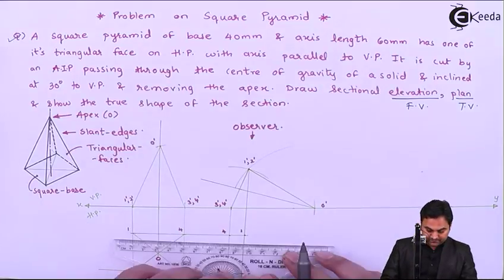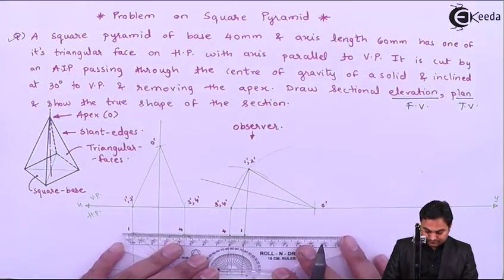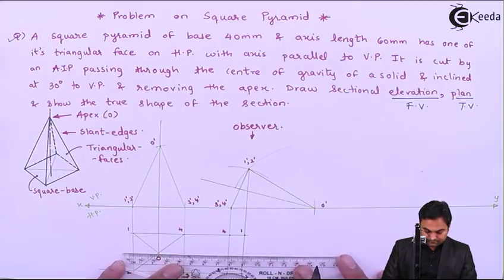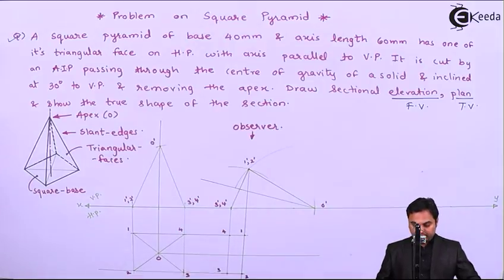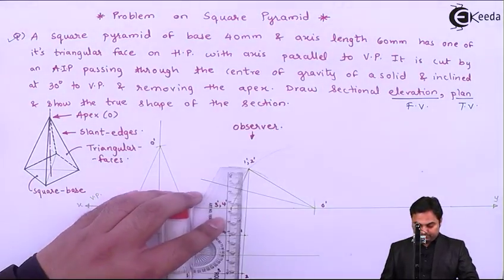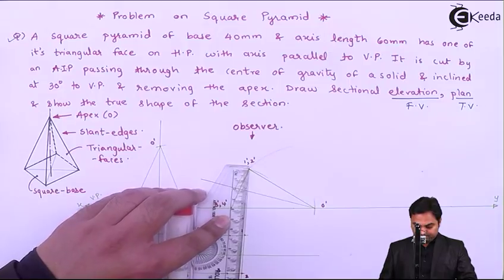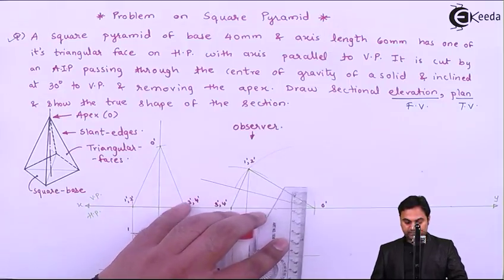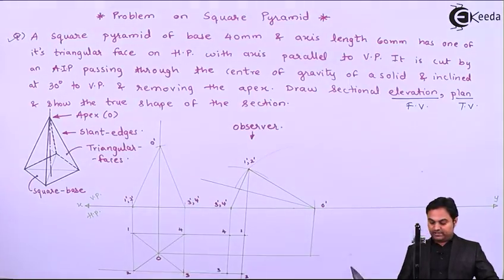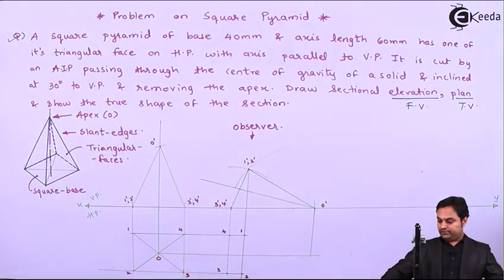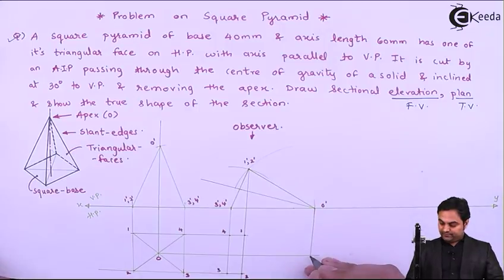For the apex, drawing a light line, and from the front view I'll be taking this point O dash. So wherever O dash and O intersect, that will give me the point O.